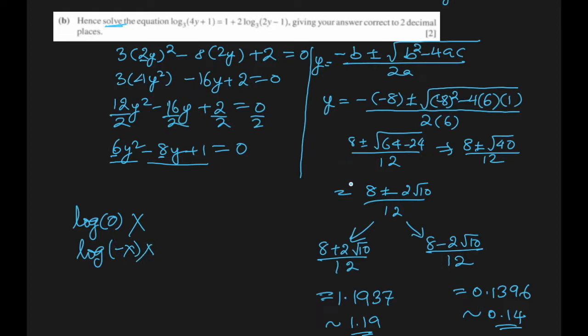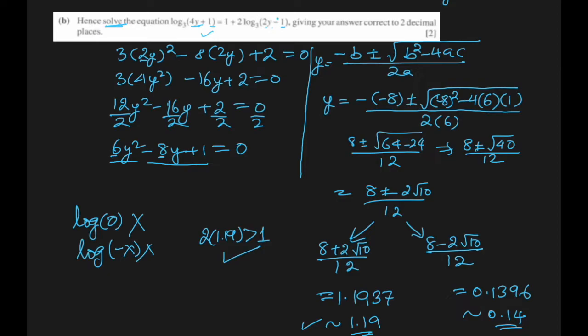So let's look at which one is giving us negative or 0. Obviously this is positive, so 4y plus 1 will be positive, and 2 times that is much more than 1, right? So is 2 times 1.19 greater than 1 so that we get positive? Yes, it is. So this works in both cases. 0.14 will work here, that's fine.